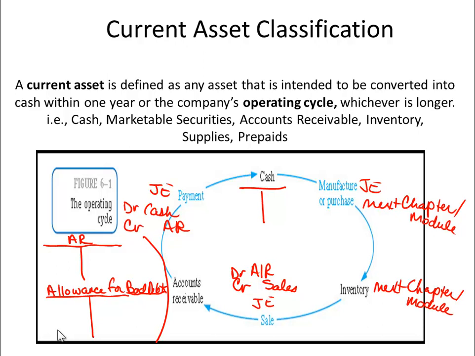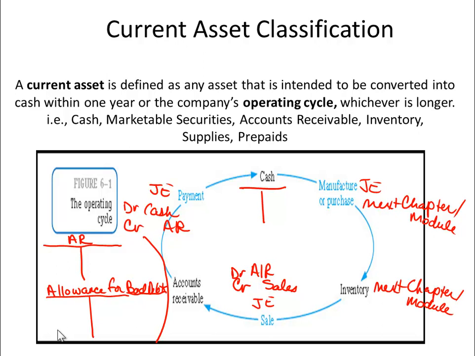Once you make that sale, there are two accounts that come into play, accounts receivable, where you track your credit sales, and its shadow account, or its contra account, allowance for bad debts, also known as allowance for doubtful accounts, allowance for uncollectible accounts. It can also be called provision for bad debts or provision for uncollectible accounts or doubtful accounts.